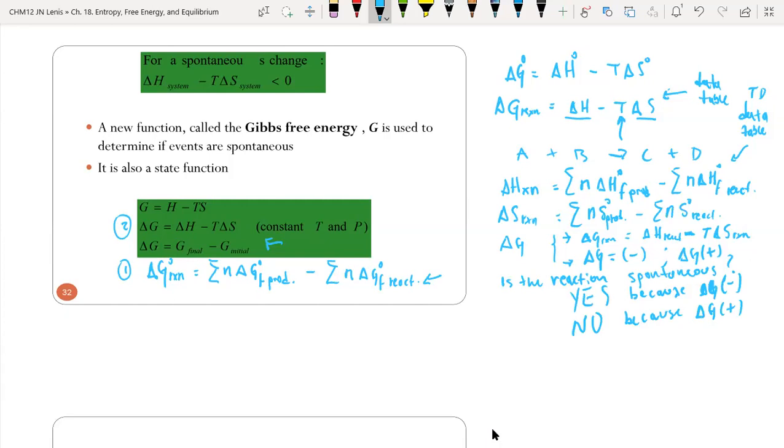And delta G measures the actual useful work done by the system. So you are more interested in the sign to make the predictions.